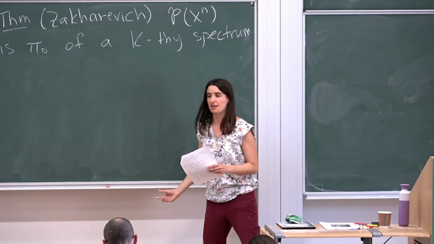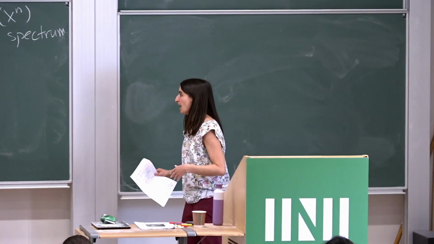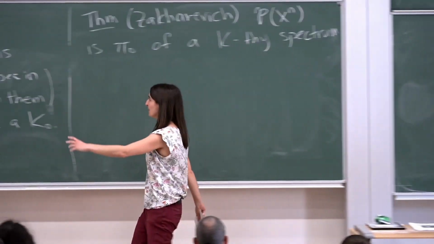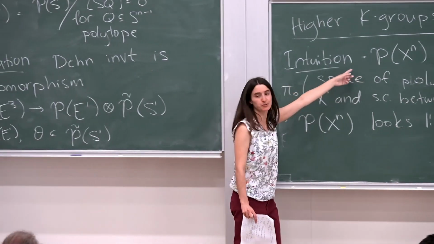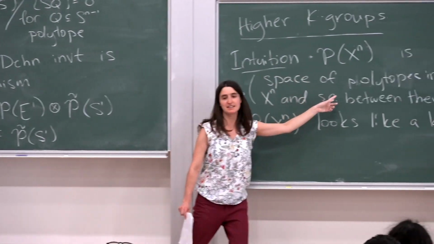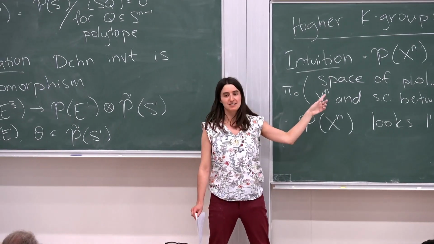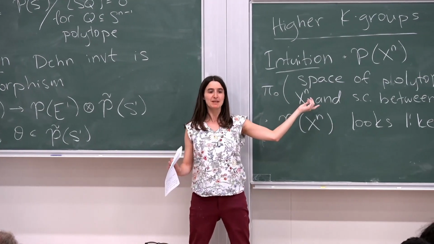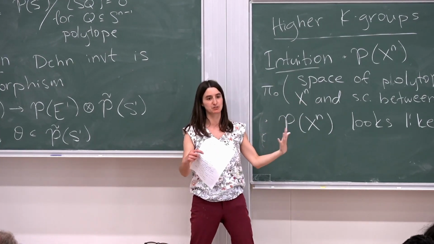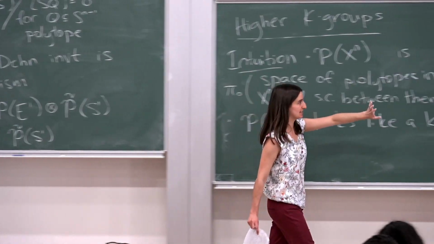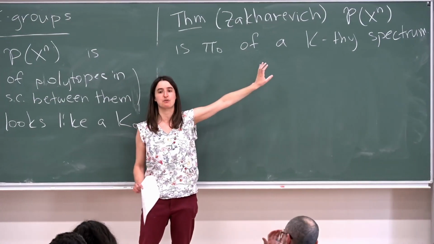You can think of it as: the scissors congruence group is pi 0 of some space. Fortunately for us, this space ends up being an infinite loop space, and so we can deloop it into a spectrum. That's the scissors congruence K-theory spectrum.